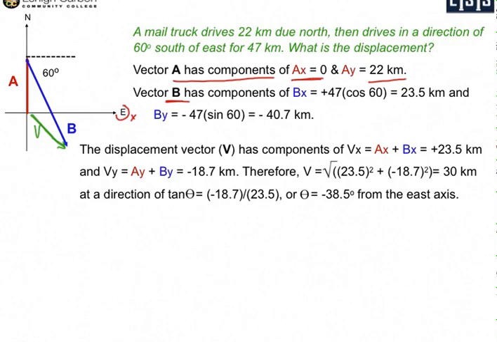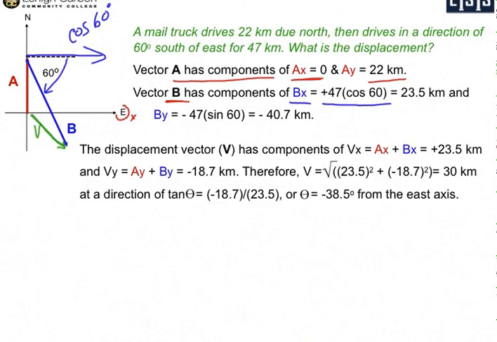So when we look at vector B, let me get my blue pen here. When we're looking at B in the x direction, this is your 60-degree angle. So B in the x direction is adjacent to the 60 degrees. So in trigonometry, you're going to use your cosine function to resolve that component.